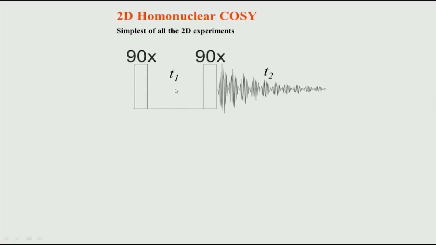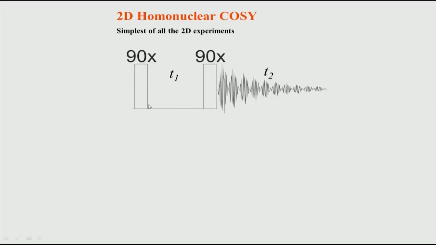This is what we already saw. In fact, this is already the scheme for COSY. Although we did not use the word COSY earlier, the illustration shown for the general 2D scheme was actually taken from this scheme for COSY. Then you apply the second pulse, which is a mixing pulse, and remember during this period there are three things going on.